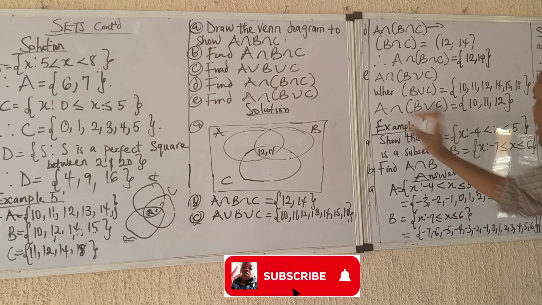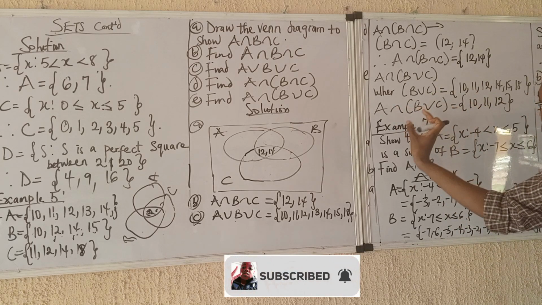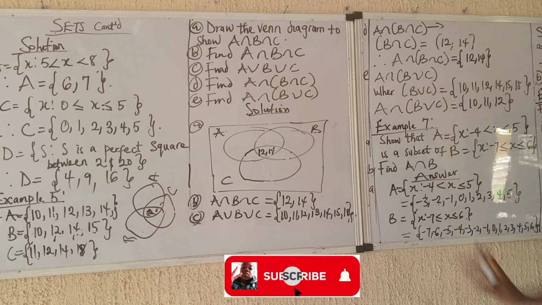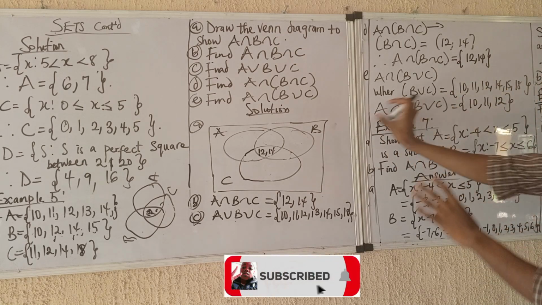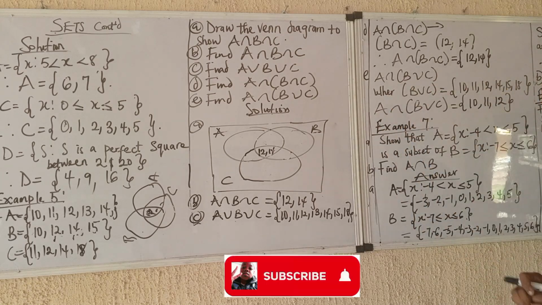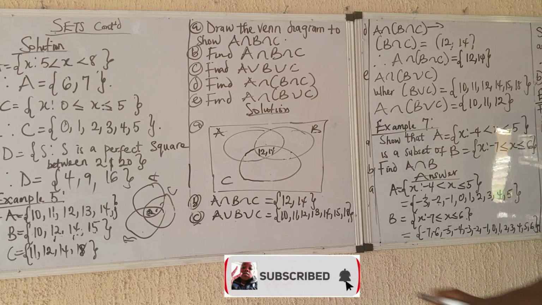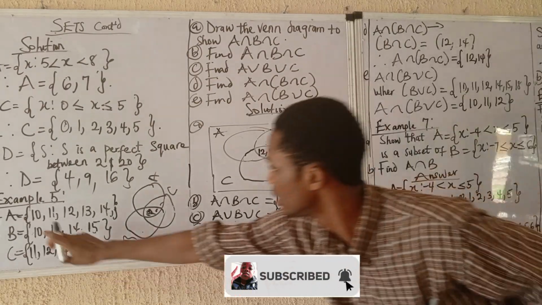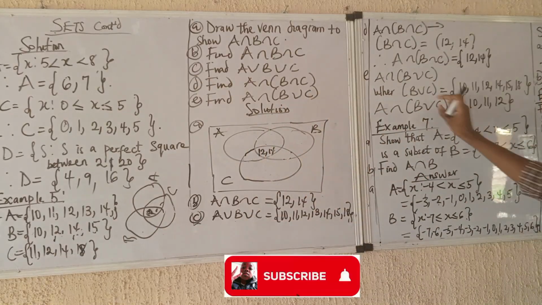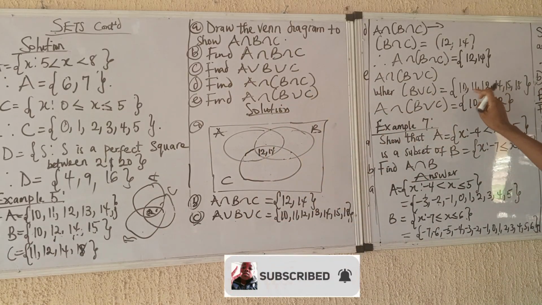So now let's find the intersection between this and this. Intersection is the elements common to A and this one. So let's go to our data given to us. 10 is common, right? 10 is common to both this and this. 11 is common, let's check.